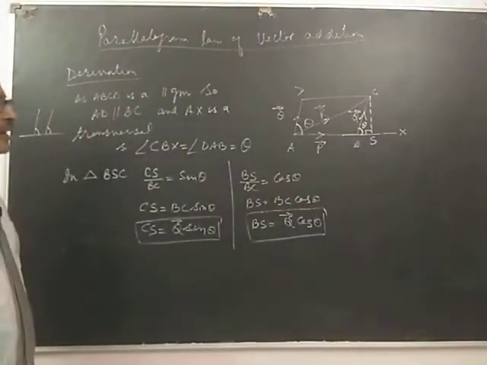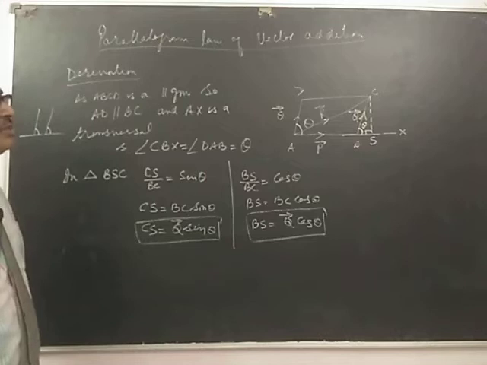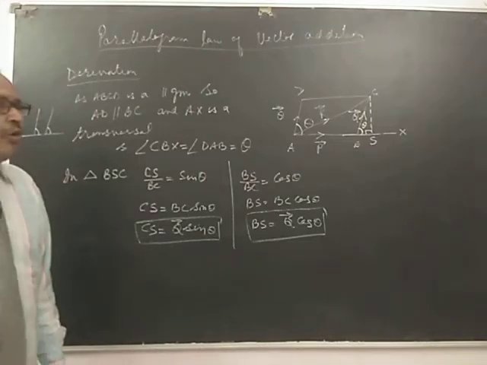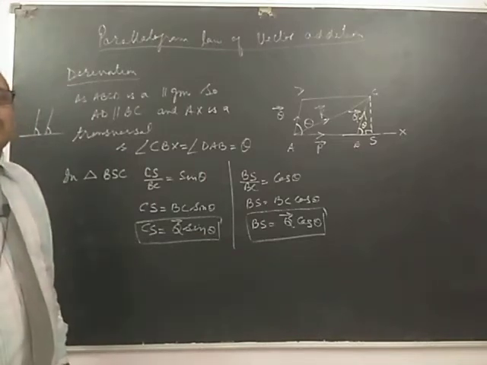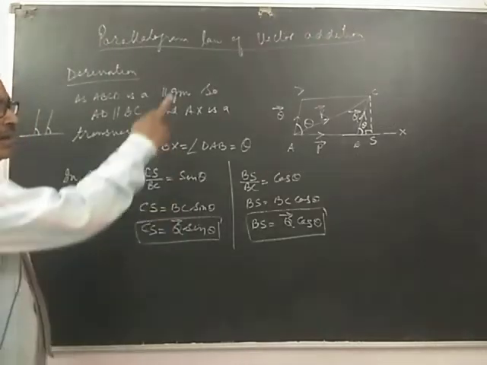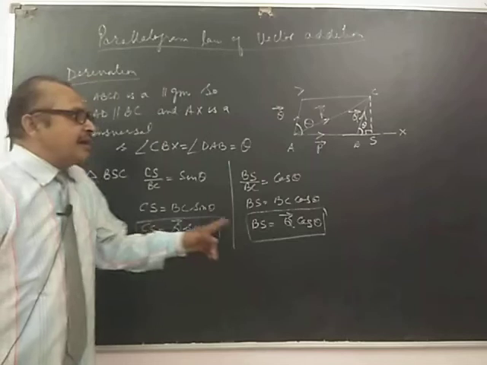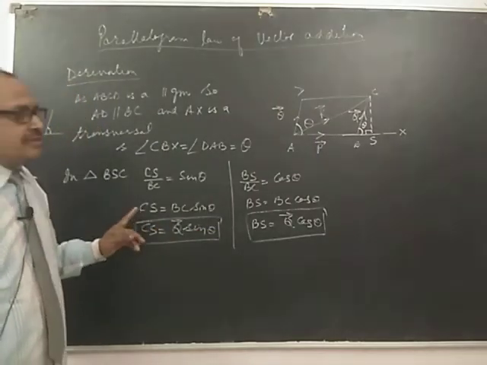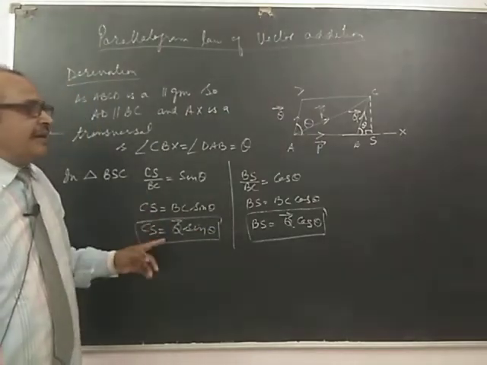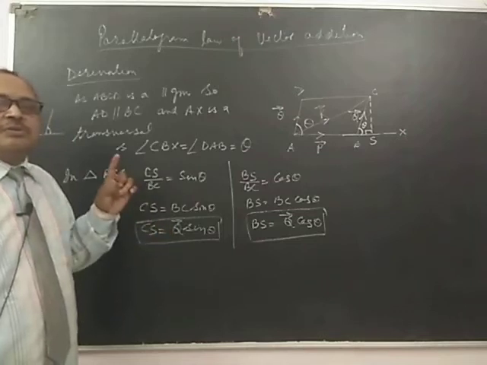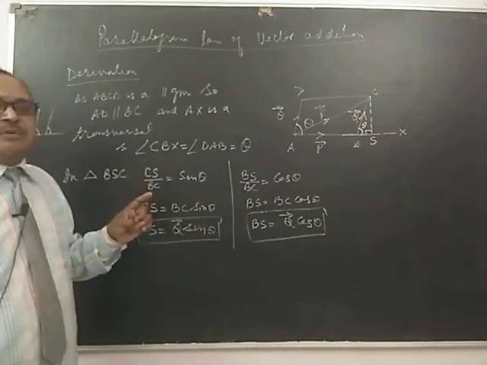That means in triangle BSC, I have all the three sides known to me. I have BC, which is Q, I have calculated BS, and I have calculated CS also. Again, I will follow the same concept.